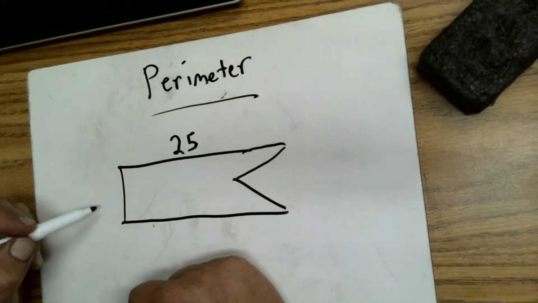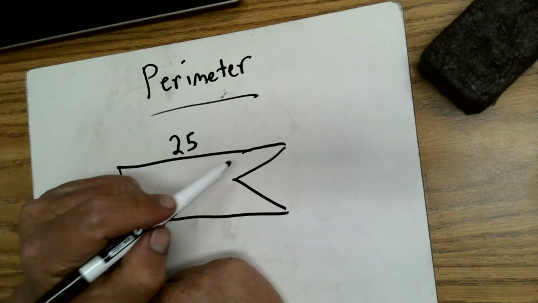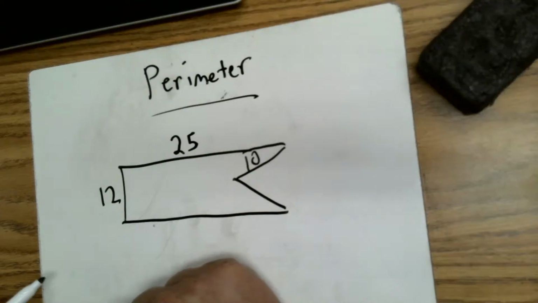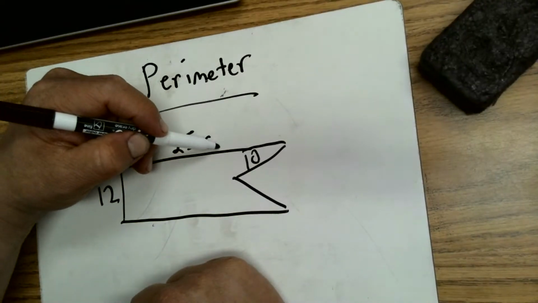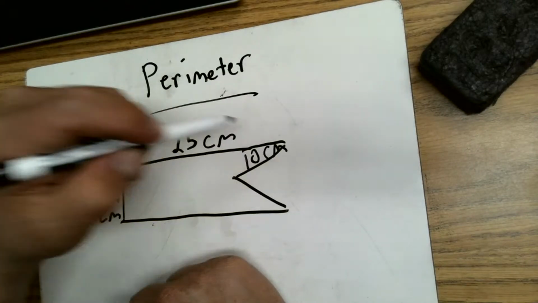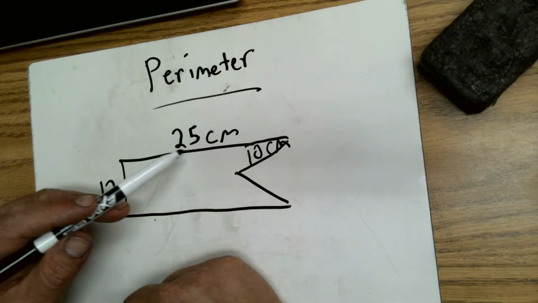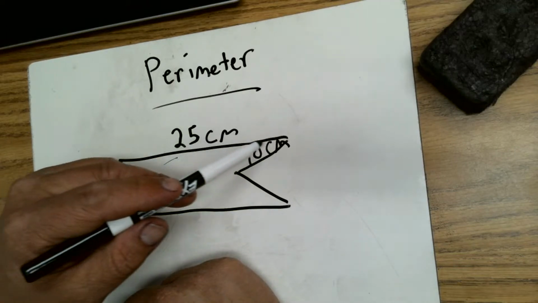So let's say this is 25, and that there is 10. We'll do centimeters. Okay, here's one that is 25 centimeters long.